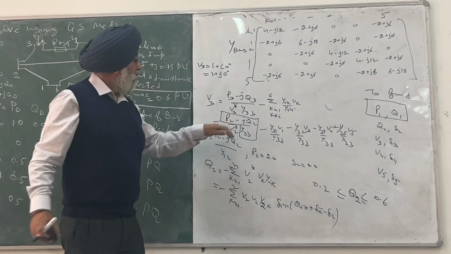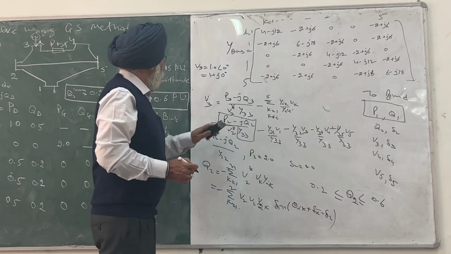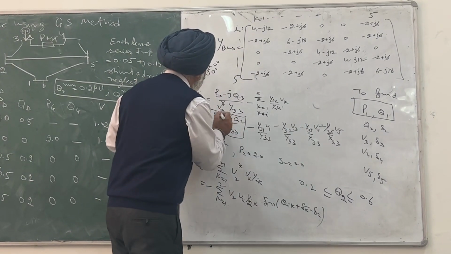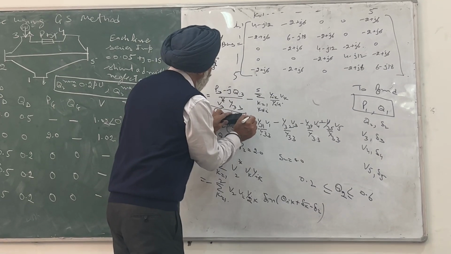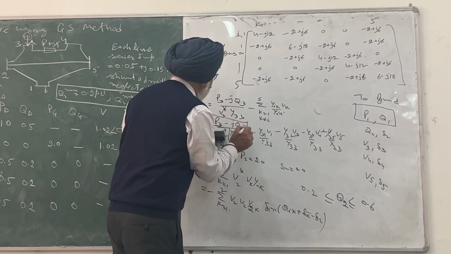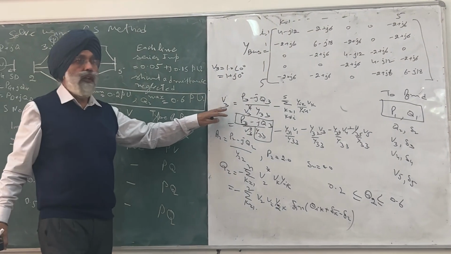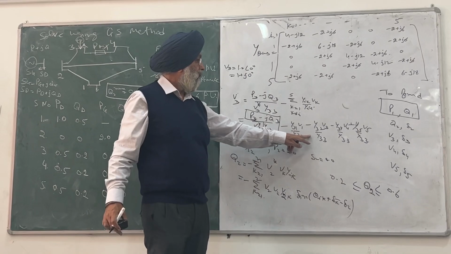So here will be 3, P3, Q3, V3. So for the third bus, you have the values like this.